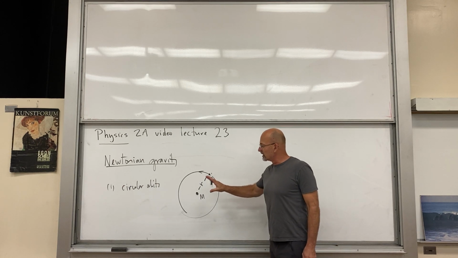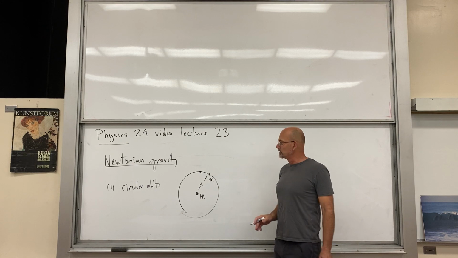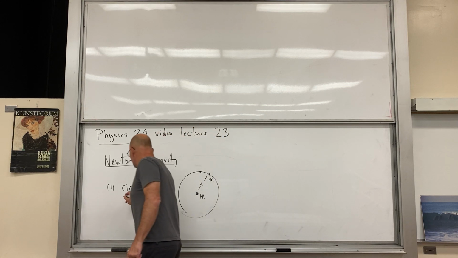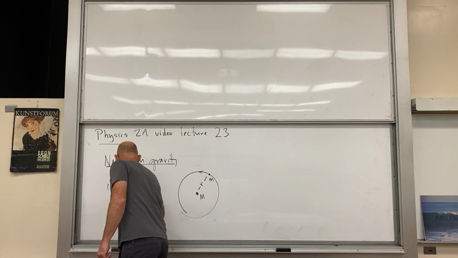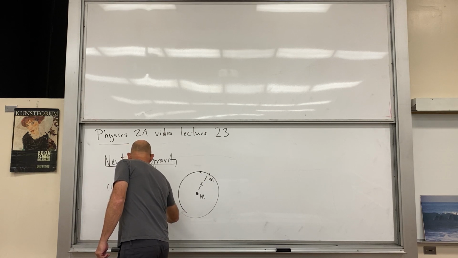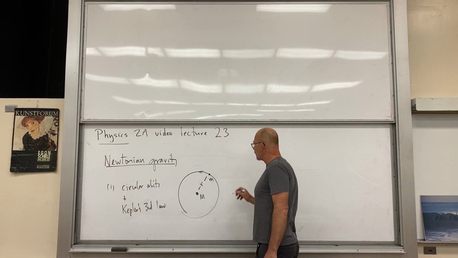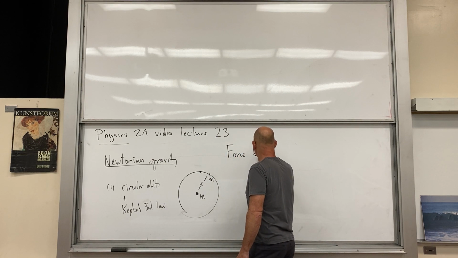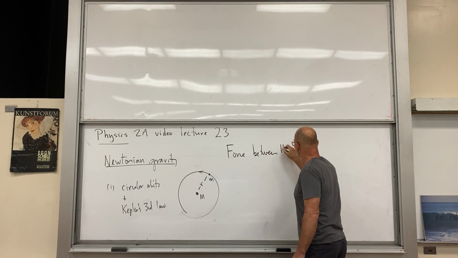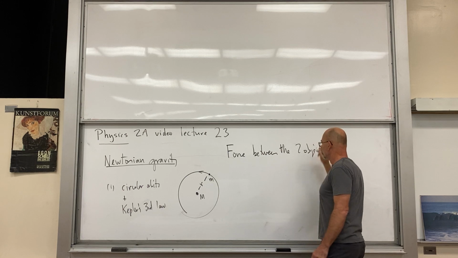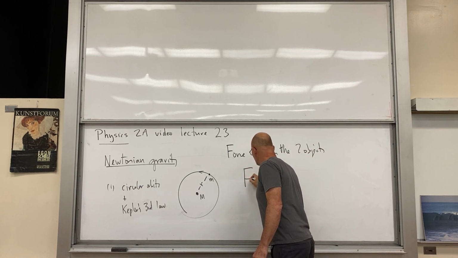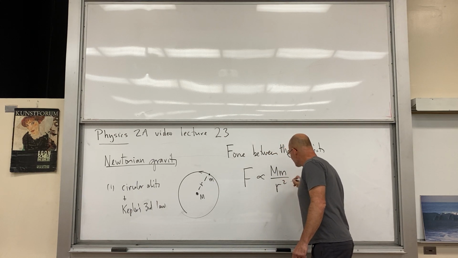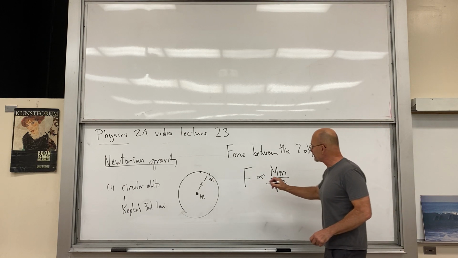And you use the physics formalism that Newton invented. So circular orbits plus Kepler's Third Law tells us that the force F between the two objects is proportional to the product of the two masses and inversely proportional to the square of the distance separating them.